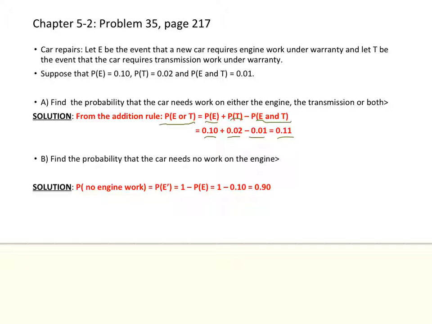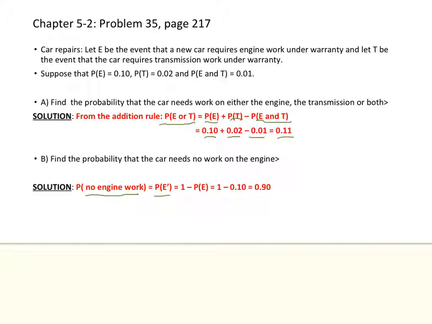Question B is find the probability that a car needs no work on the engine. So no engine work is just the complement of the engine work, those that need working on the engine.